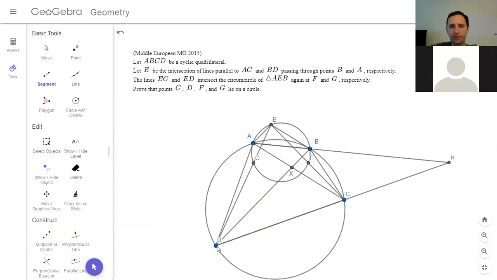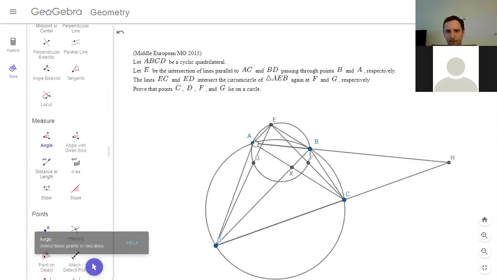I know there's something about this configuration where you have a parallelogram like this. I think there's some lemma that some angles are equal. Let me check. Is angle AEB equal to angle BCE? No.